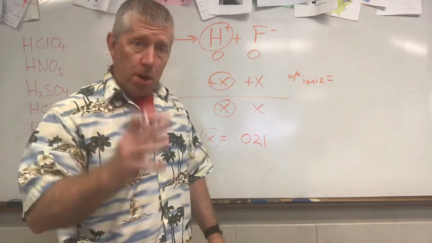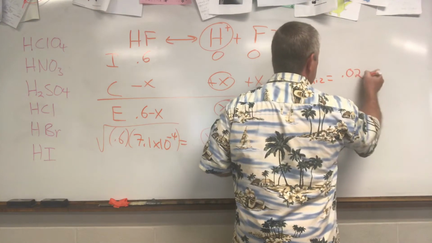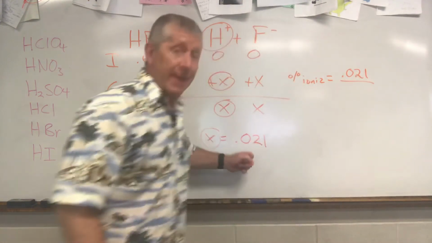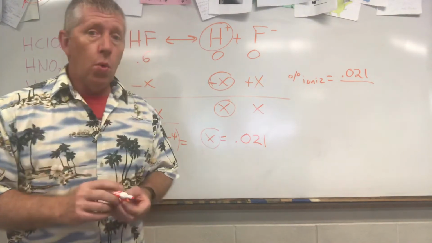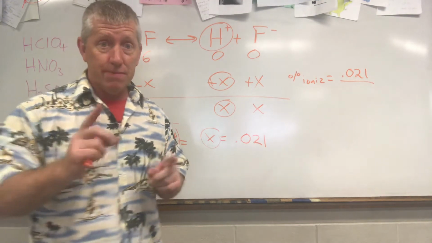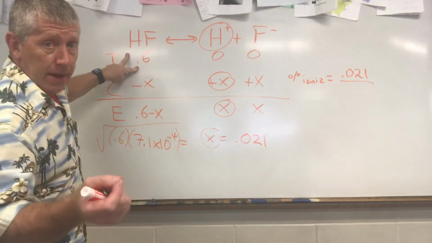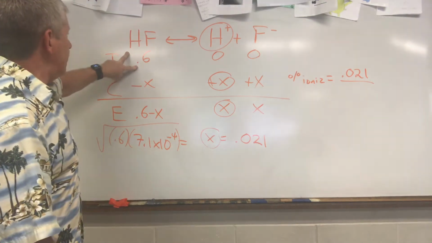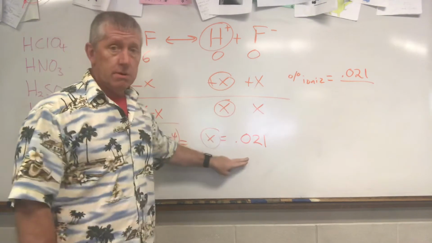So we take the partial, what did ionize, divided by the whole. What could have ionized if it were a strong acid? If this were a strong acid, all of that 0.6 would become hydrogen.